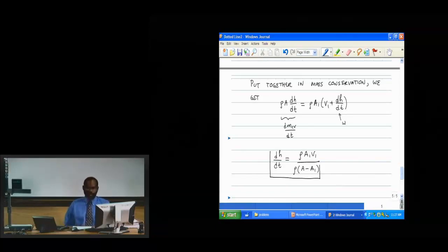And I'd like to talk about what this means. So let's look at a few limiting cases of this. And the thing that perhaps should be disturbing, so in fact, let's simplify this. It's A1 V1 over A minus A1, right? So you say, wow, that A minus A1 bothers me. And the reason it should bother you is you say, well, it says that if A1 is equal to A, this thing blows up.